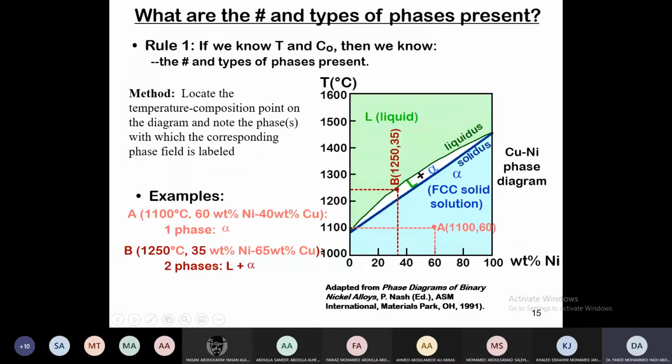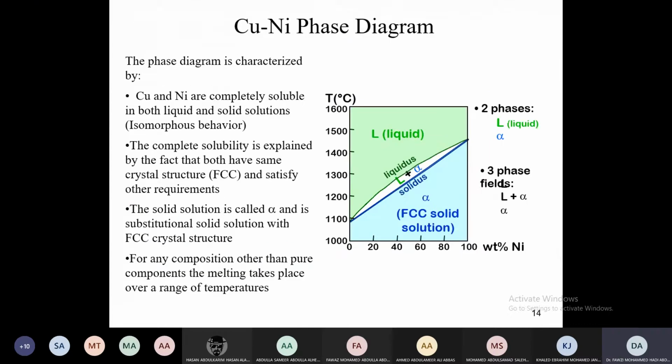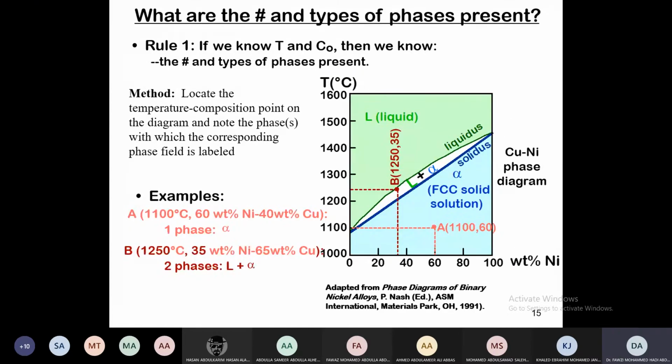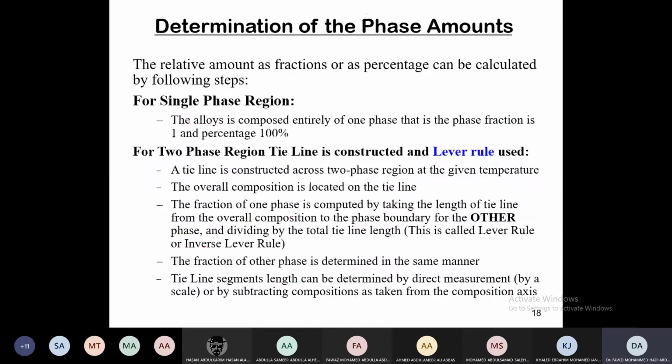And we also practiced how we can use the phase diagram to answer questions, like how many phases do you have if you are given the temperature and composition, what these phases are, what is the composition of the phases, and what are the proportions of the phases. So we answered these questions, having practiced with the temperature and composition for the binary isomorphous phase diagram.